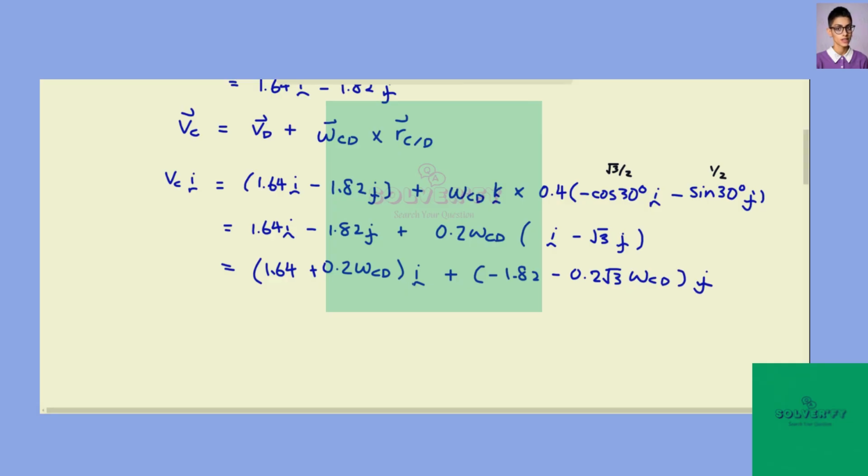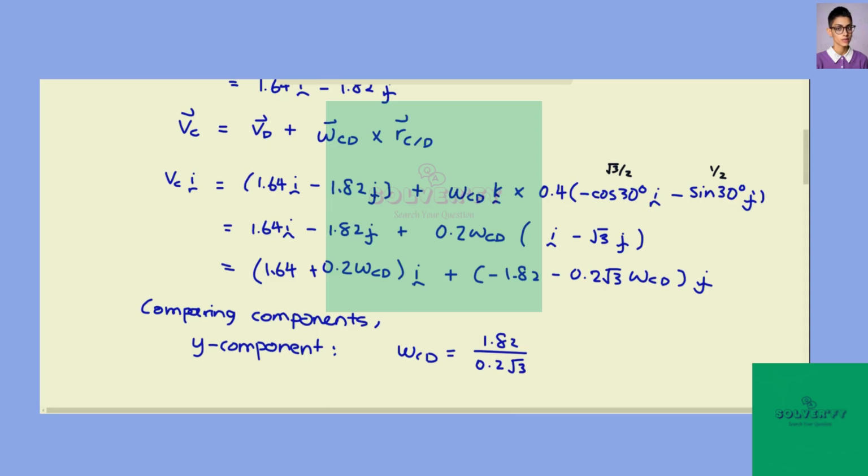Okay, then we compare components again. So we start from the Y component because we can get omega CD right away. So from the Y components, we have omega CD is equal to 1.82 divided by 0.2 root 3. Okay, so calculate, you get minus 5.25 radians per second.